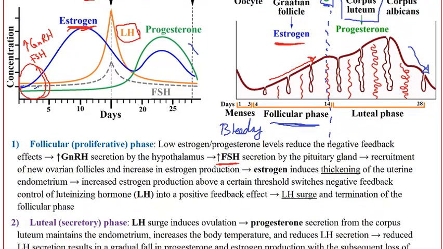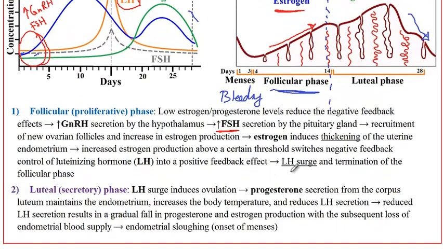So let's go back right here. Now we are having a luteinizing surge and termination of the follicular phase. By a luteinizing hormone surge, there would be ovulation. Following ovulation, it would be the initiation of the luteal or secretory phase. And in this phase, LH induces ovulation, as we just discussed.